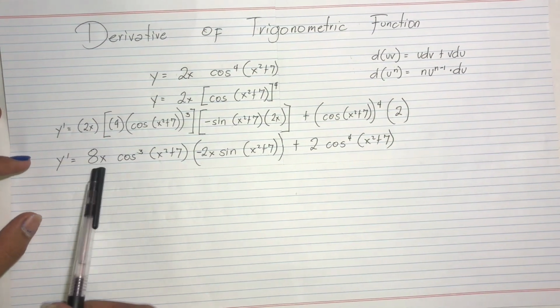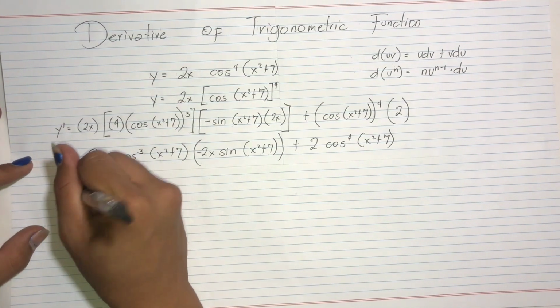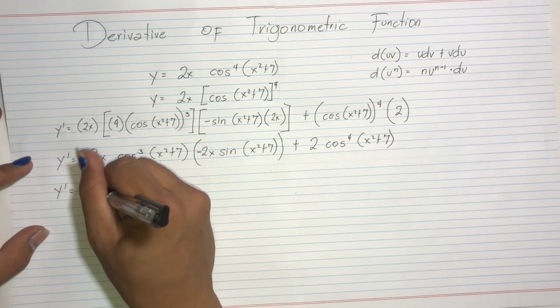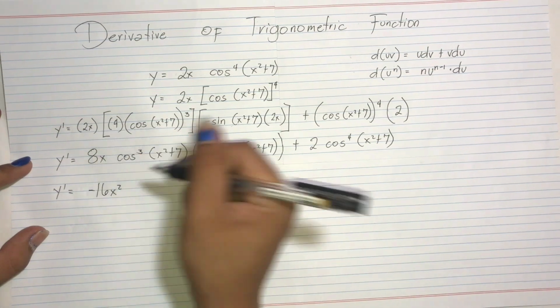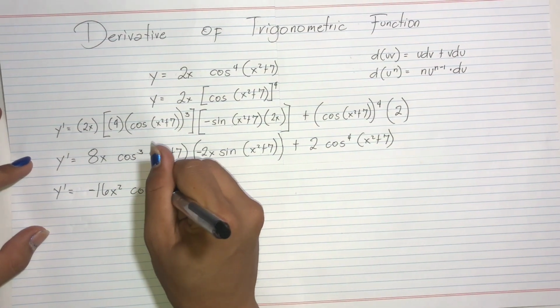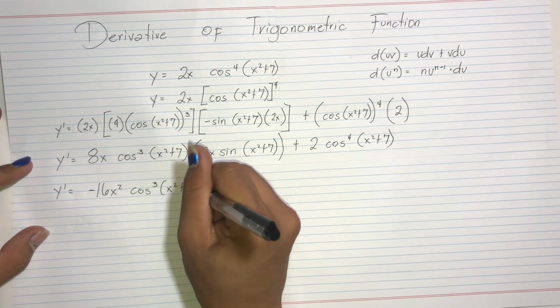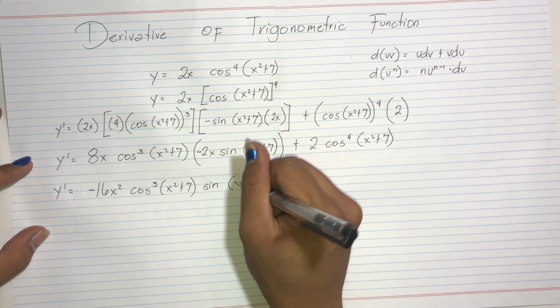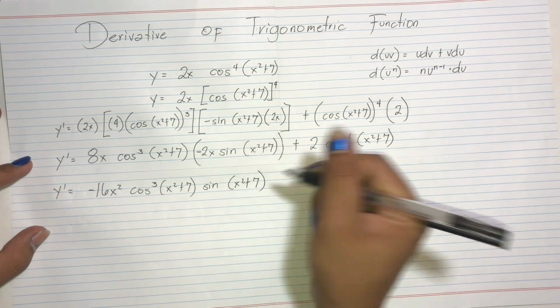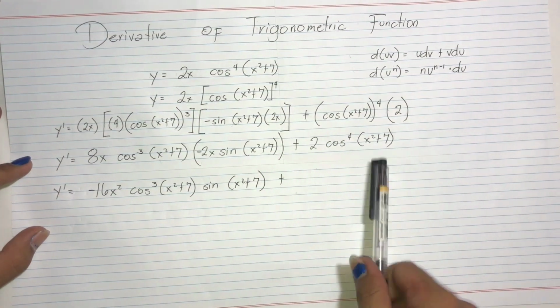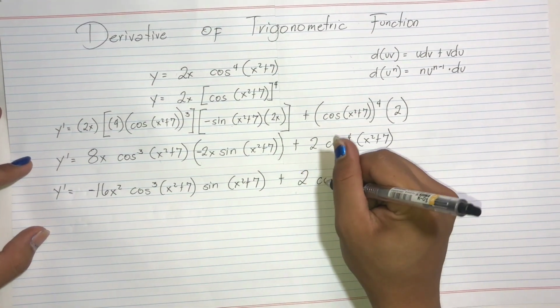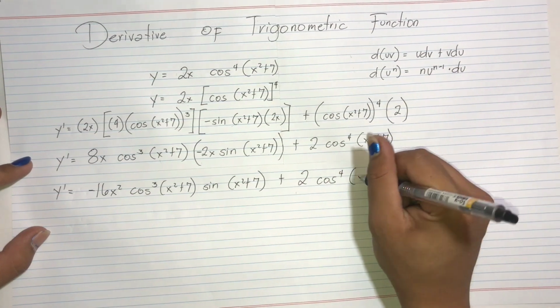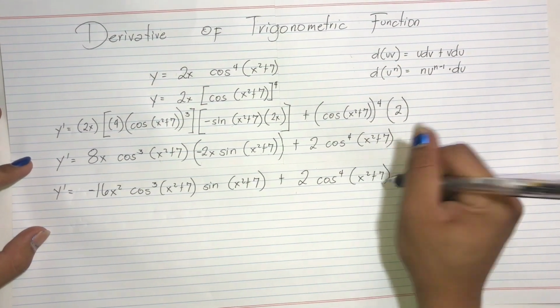Multiplying 8x by negative 2x, y prime equals negative 16x squared cosine cube of x squared plus 7 sine of x squared plus 7, plus copy this 2 cosine to the fourth of x squared plus 7.